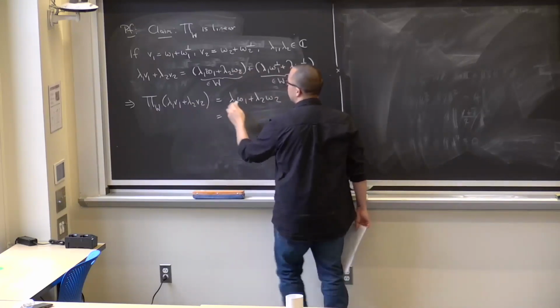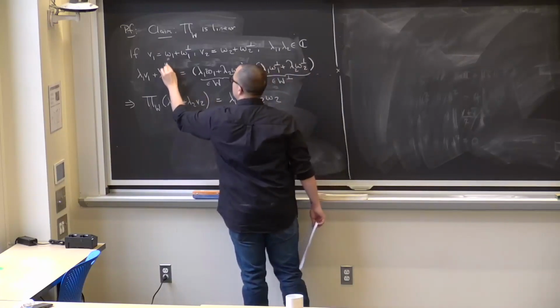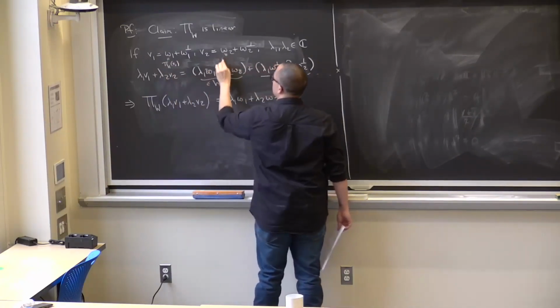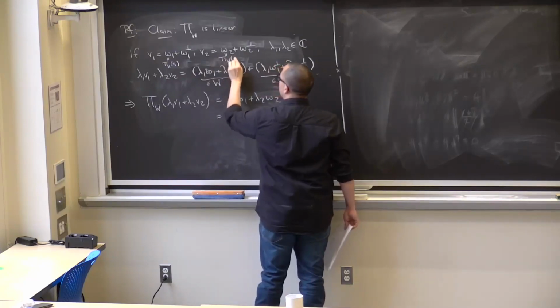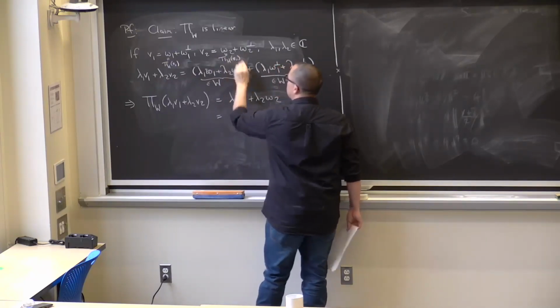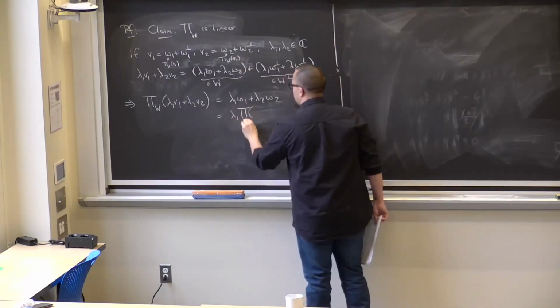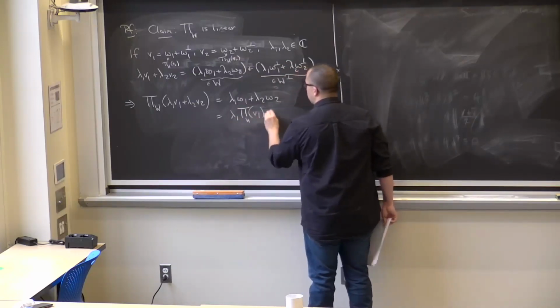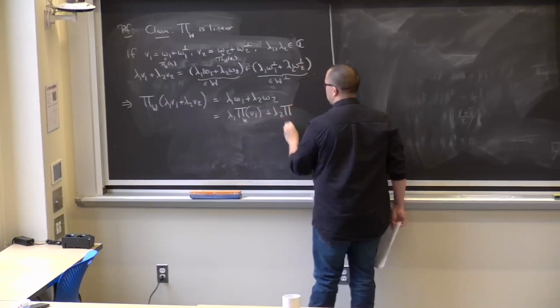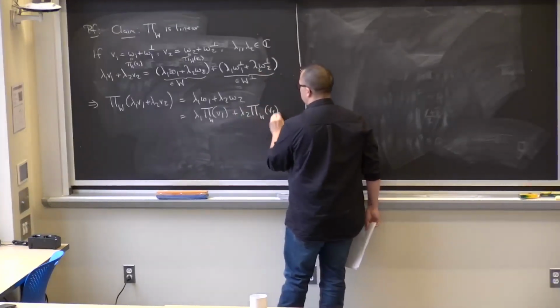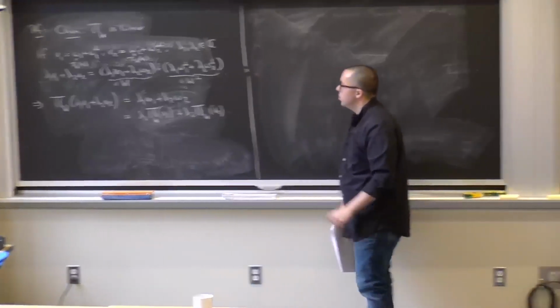By definition, W1 is pi of V1, W2 is pi of V2, by definition. So this is equal to lambda 1 pi of V1 plus lambda 2 pi of V2. Okay, and therefore this map is linear.